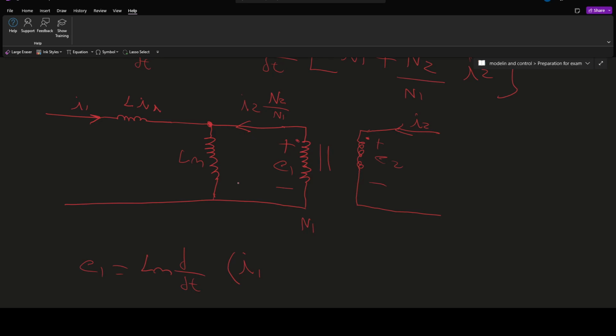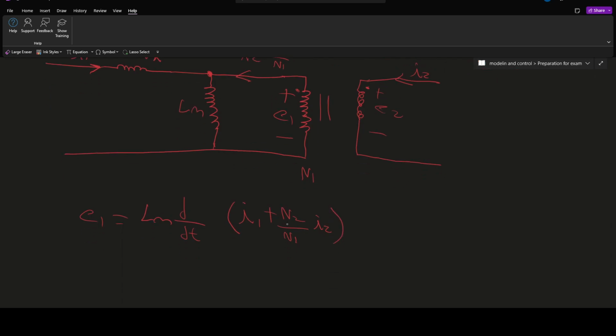We have I2. So we have N2 and N1 and I2. Okay, and this is the same as having N1 squared over Rc, because remember that Lm is N1 squared over Rc, times d/dt of I1 plus N2 over N1 I2. So it's just to remember what Lm is.